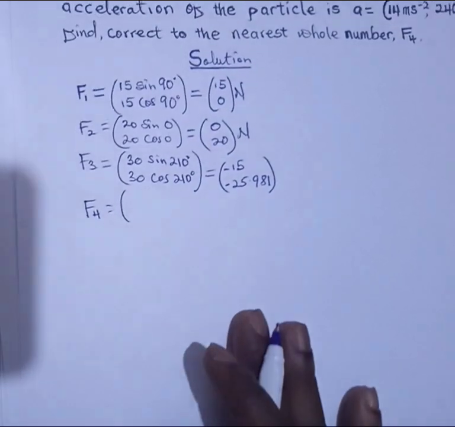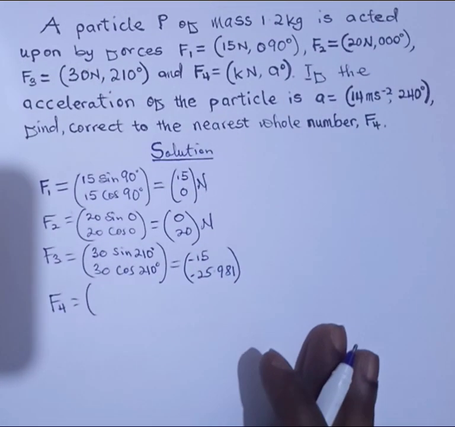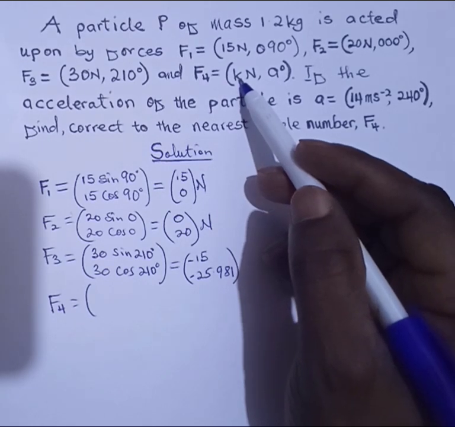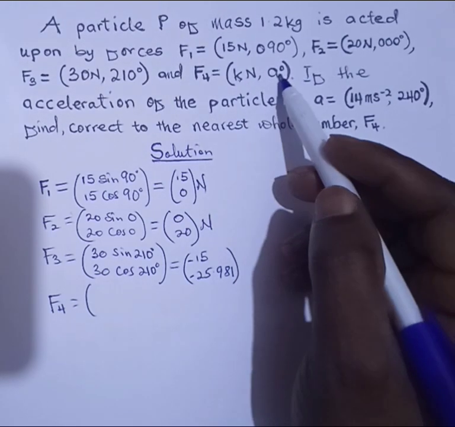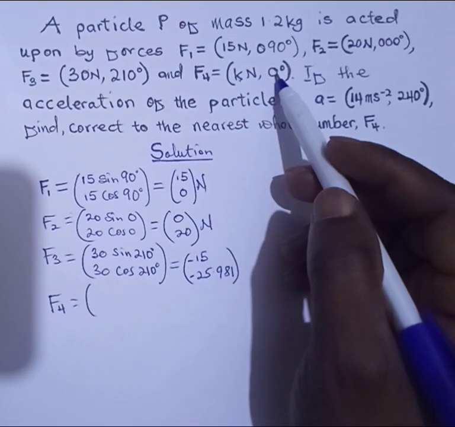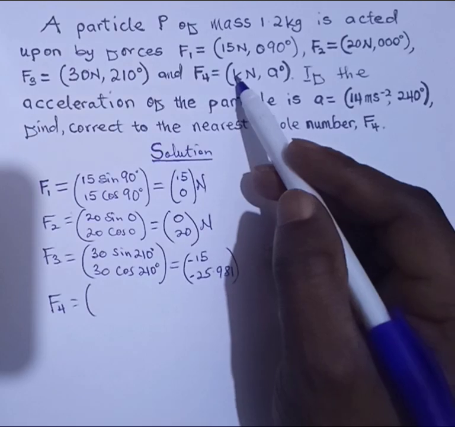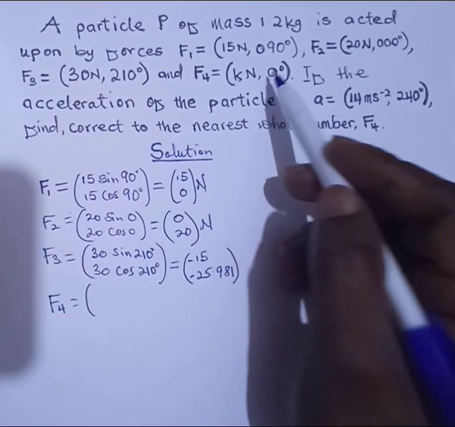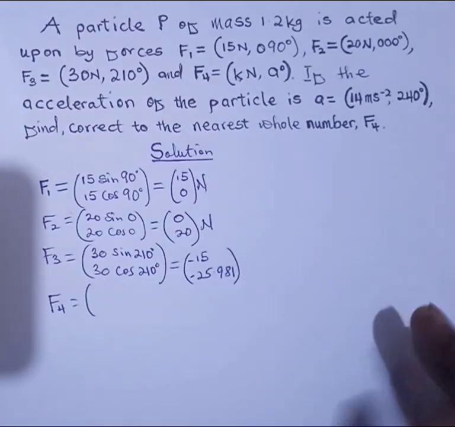Now let's also look at force number 4. In this case, looking at the question, we were not given the exact numbers here, but that is what we are looking for. So we have K here, we have A here. These represent the figures, but we don't know the figures yet. So we also need to resolve that.